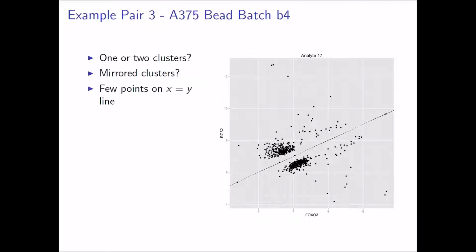Here's another example of a different sort of question that I have. It looks like there's two clusters that are decently mirrored, but is that the case, or is this actually one cluster that just happens to fall around this 45-degree line, the x equals y line?